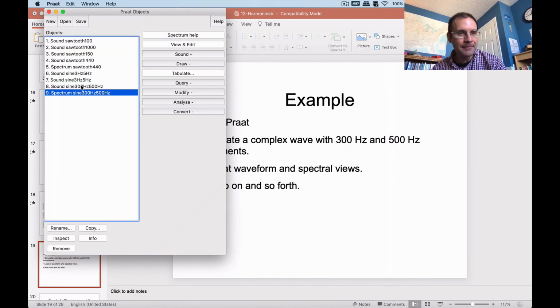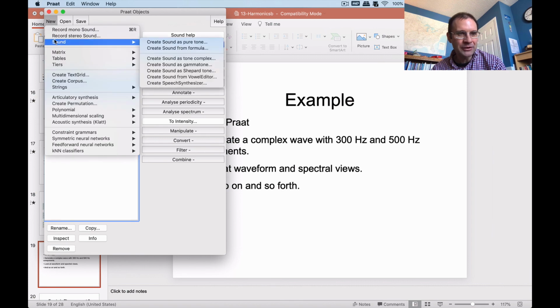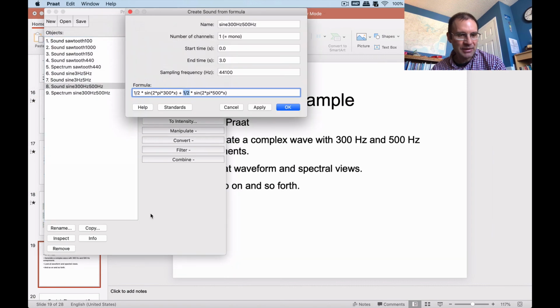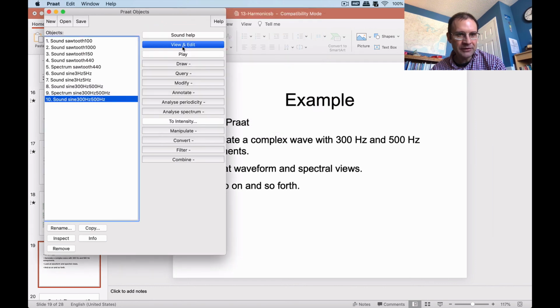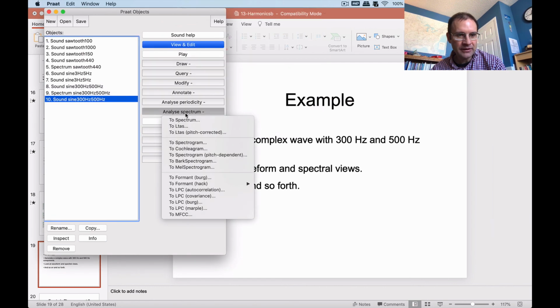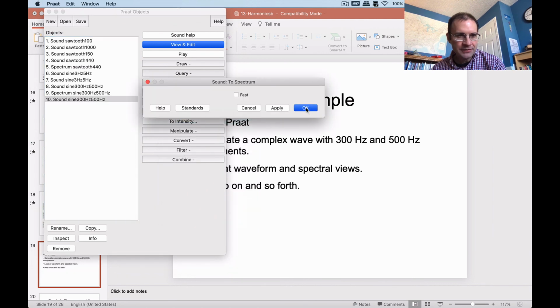It's not going to mean a whole lot to us right now, but if I change the peak amplitude, let's say I make this one 1/10 in terms of its peak amplitude, so 1/5 of the other one, we should see a bit of a difference in the spectrum, in the height of the harmonics.